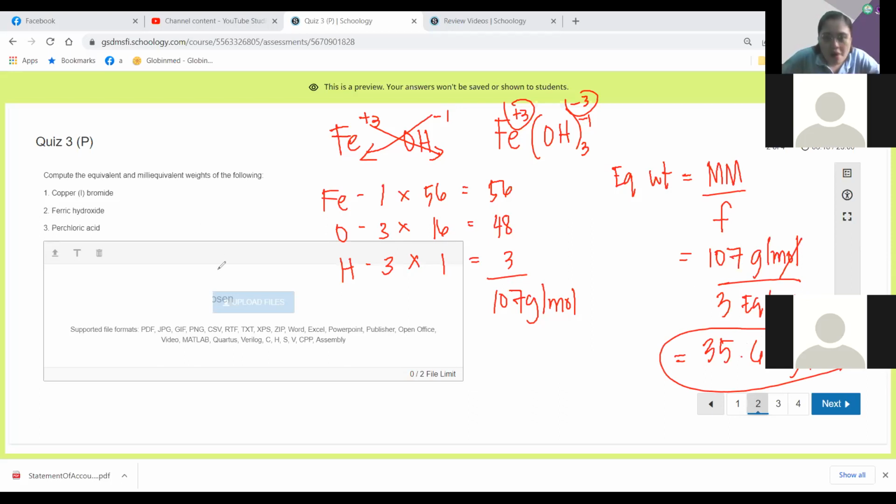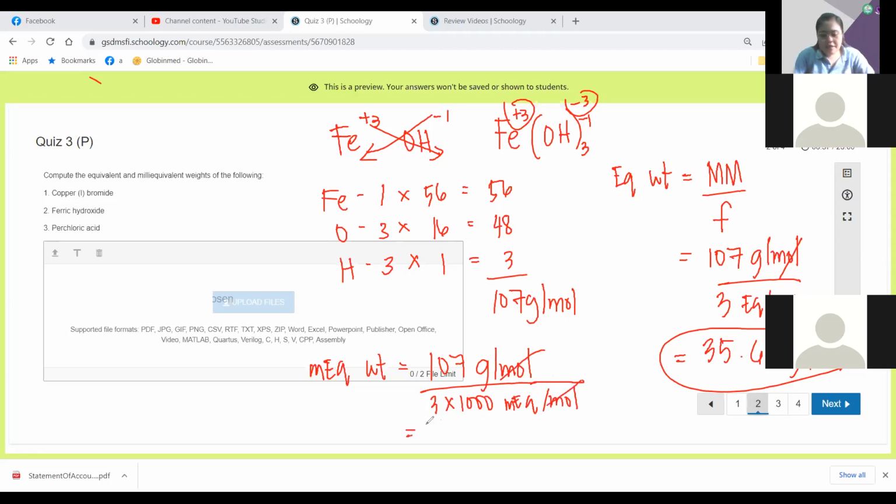Now, for the milli-equivalent weight, actually there is really none, we just divide it by 1,000. So 107 grams per mole divided by 3 times 1,000. This will be MEQ per mole. Cancel the mole. So 107 divided by 3,000.